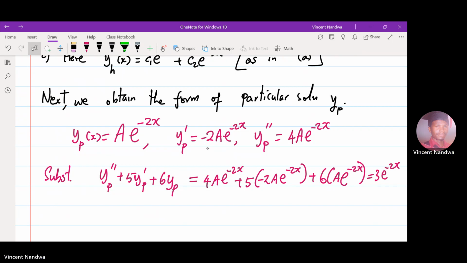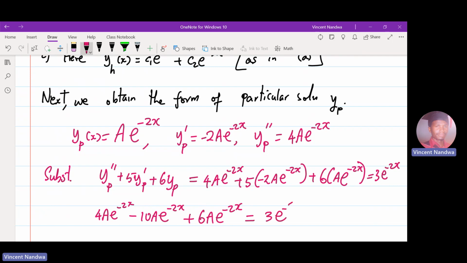Good. So we'll have 4a e power minus 2x minus 10a e power minus 2x plus 6a e power minus 2x equals 3 e power minus 2x.